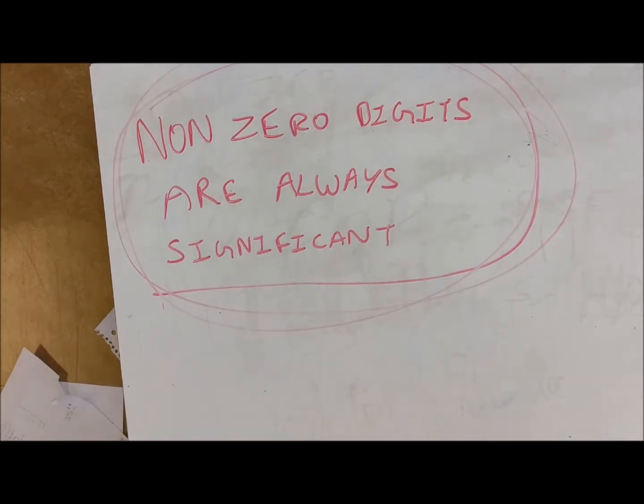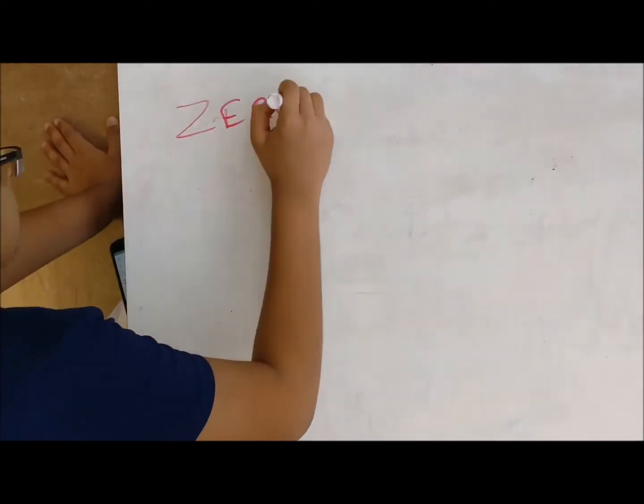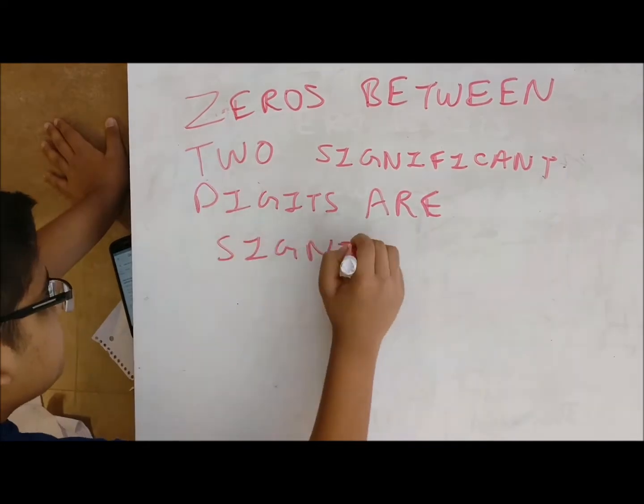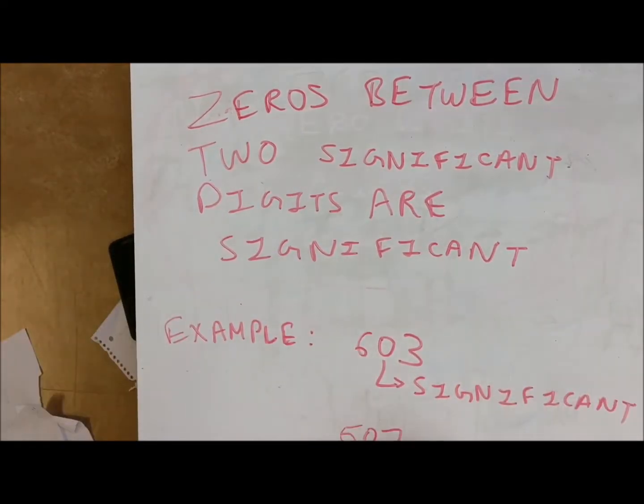So, yeah, that was rule number 1. Going on to rule number 2. The second rule is zeros between two significant digits are always significant.